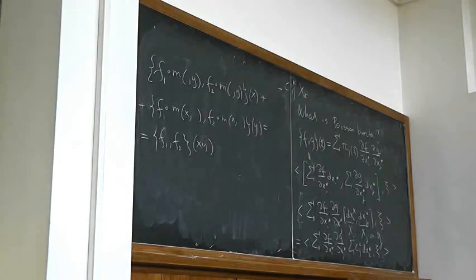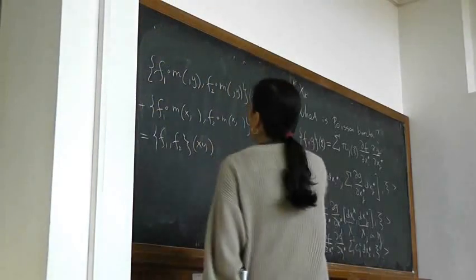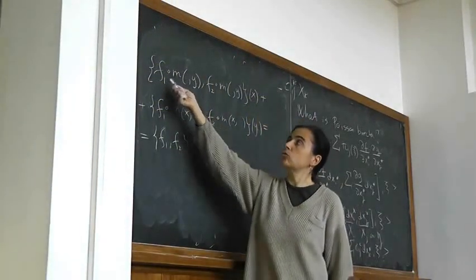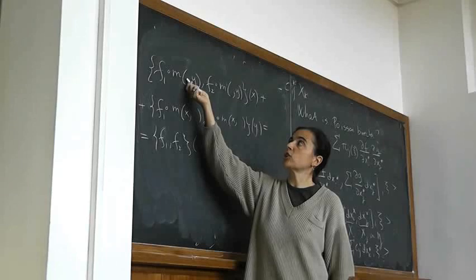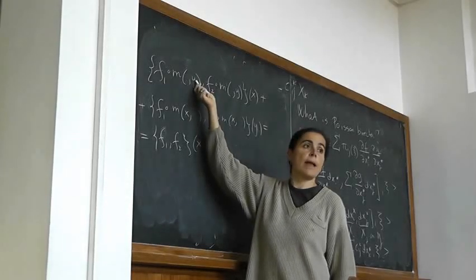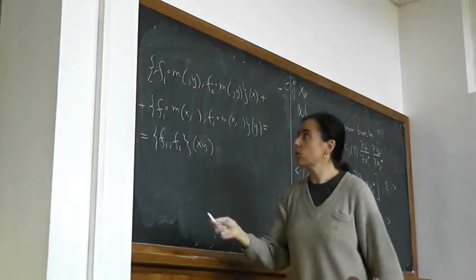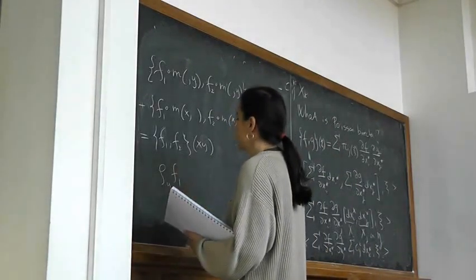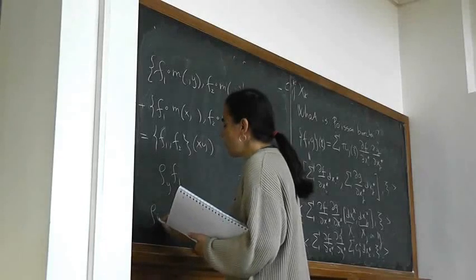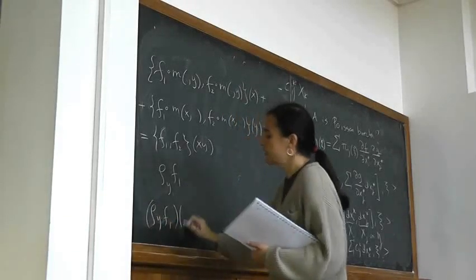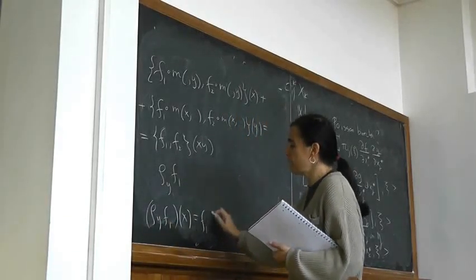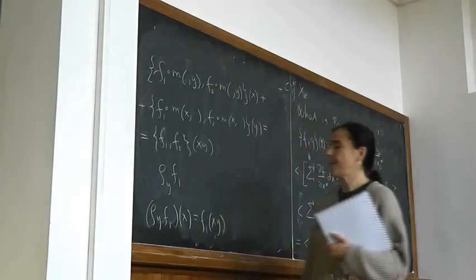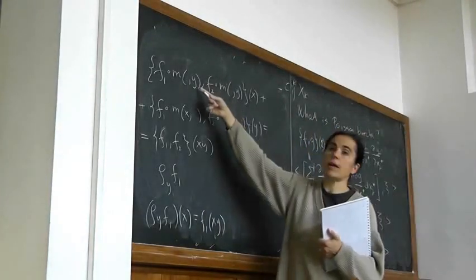So what you're saying is that the argument of your function has to be right multiplied by y. So you write it like this, rho y f1. The rho y f1 is the function that takes x and associates f1 of xy, which is this thing, right?